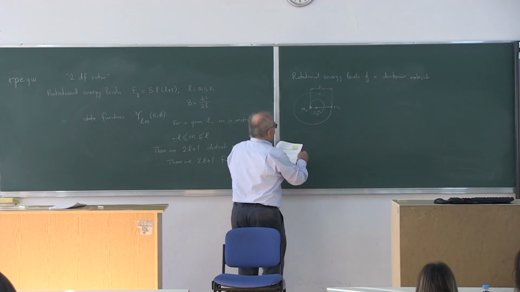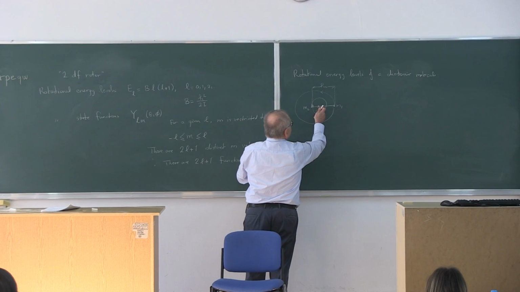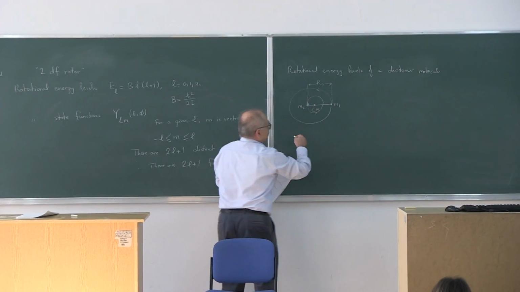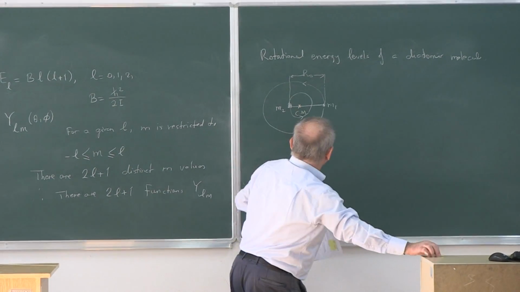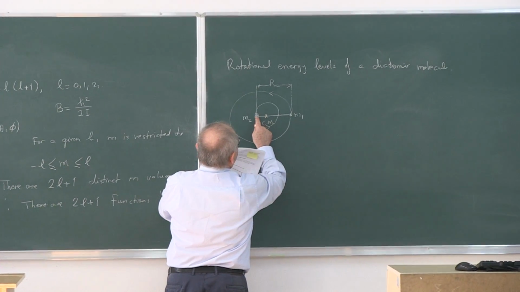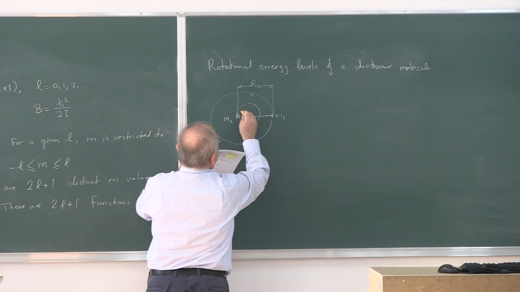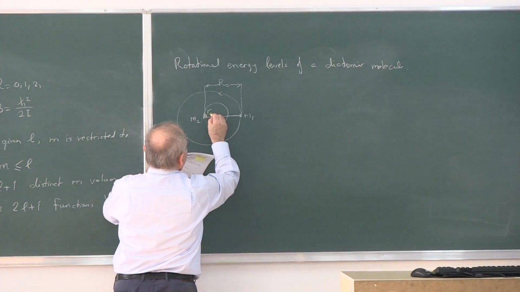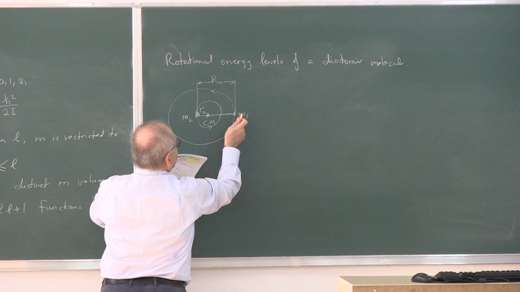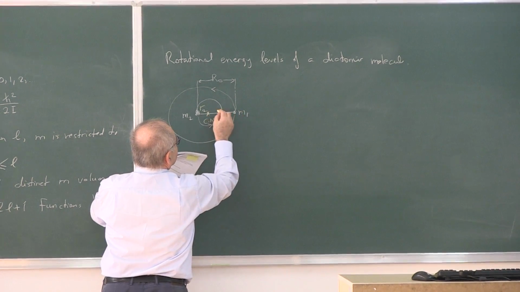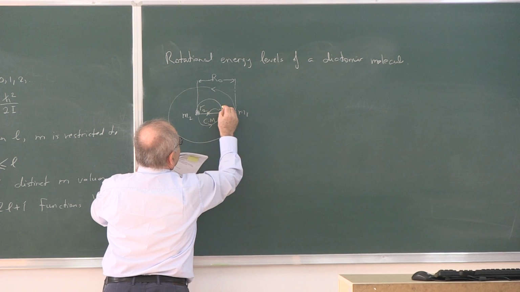Now, by definition of the center of mass, if you call this distance from the second mass to the center of mass R2, and this is from mass 1 to the center of mass, R1.